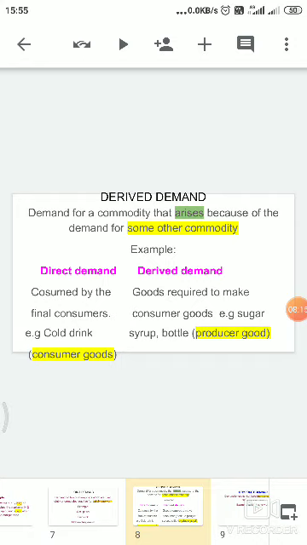The demand for the producer's goods which are required to produce consumer goods is called derived demand. So, what is derived demand? Demand for a commodity that arises because of the demand for some other commodity.